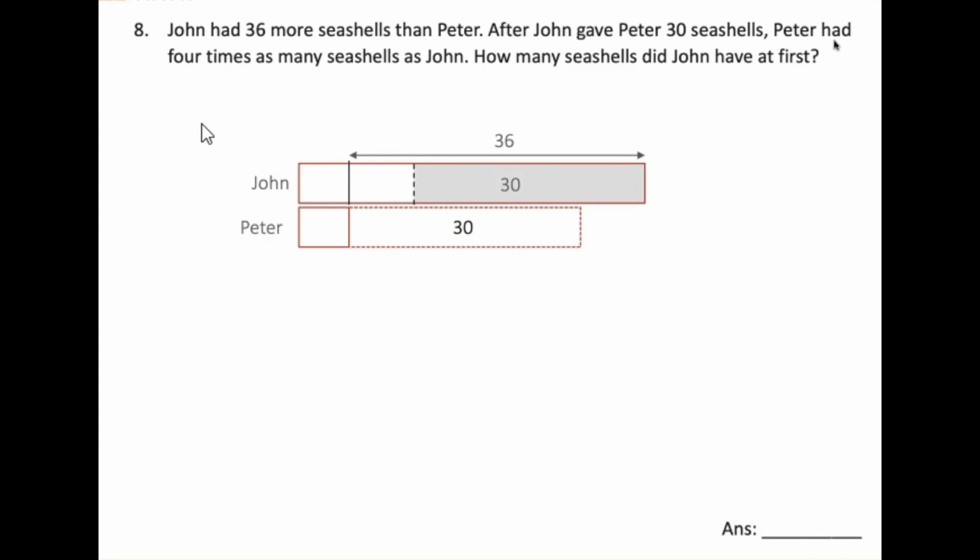The question says that in the end, Peter had 4 times as many seashells as John, meaning Peter must be longer than John. So when you cut the 30 from John and give to Peter, make sure in the end Peter is longer than John. So where will Peter be in the end?